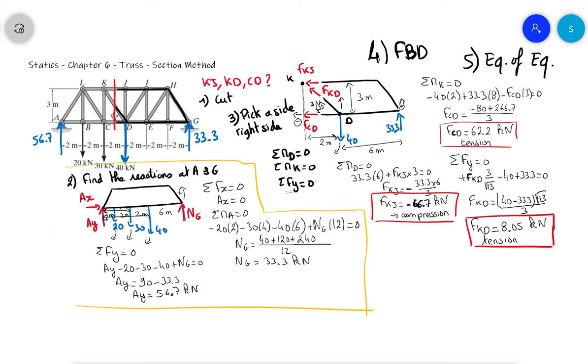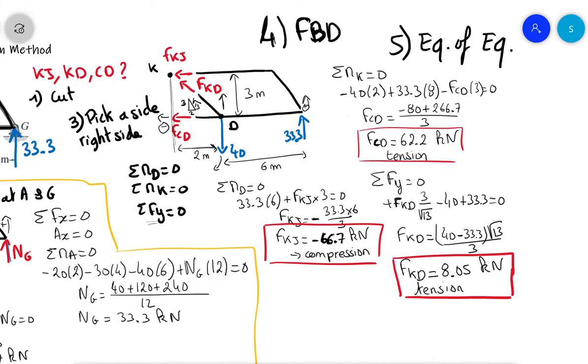So we kept the right side, and we did the free body diagrams. Don't forget to include all your external loads and direction forces. Draw your forces, I like to write them all in tension, and after that, decide which equation you will do. So we'll do the moment about D to find FKG, the moment about K to find FCD, and the force on Y to find FKD.